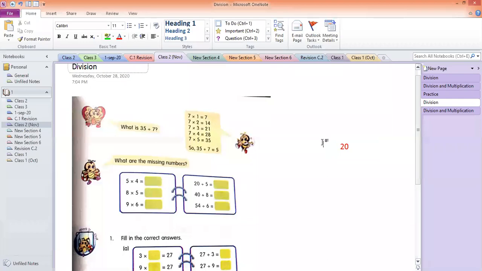I didn't hear you very well. Repeat it again. I am saying if 5 multiplied by 4 equals to 20, then 20 divided by 5 equals to what?